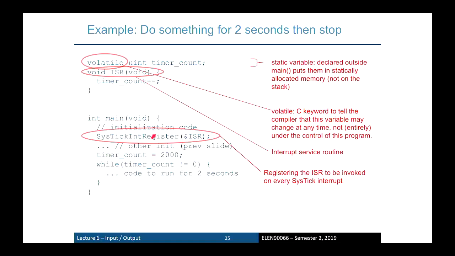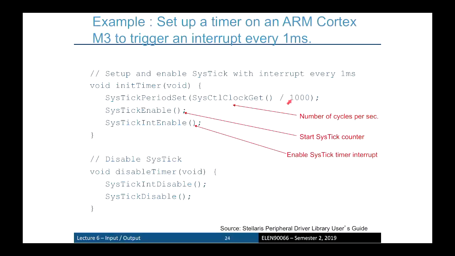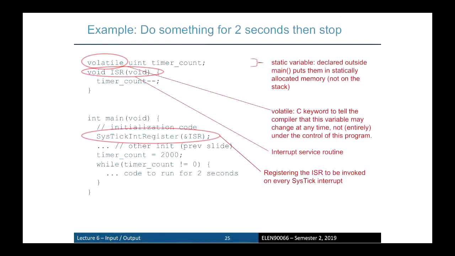And it says, okay, register some code living at that location to be invoked on every SysTick interrupt, which is 1 millisecond. So you can set it all up here to be equal to 1 millisecond. You get the system clock, you divide by 1,000. And here, you basically register this function, which will run every time an interrupt is generated, every 1 millisecond.